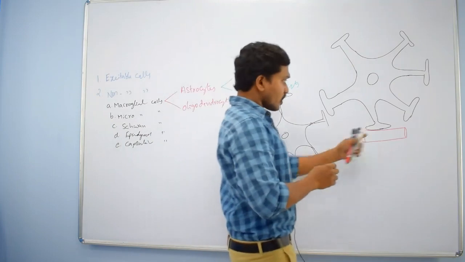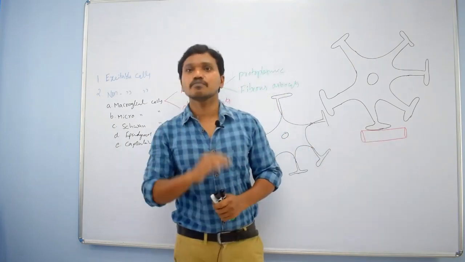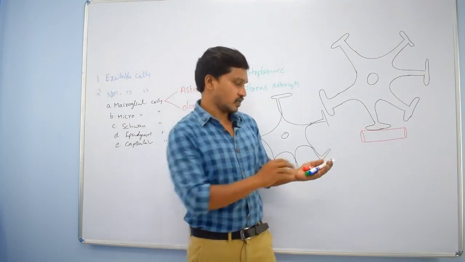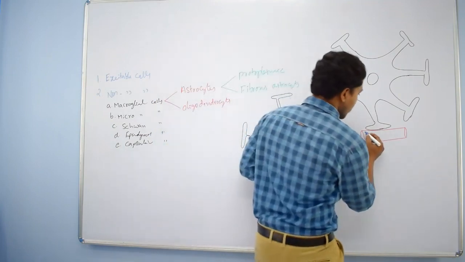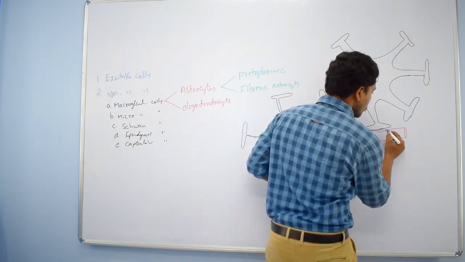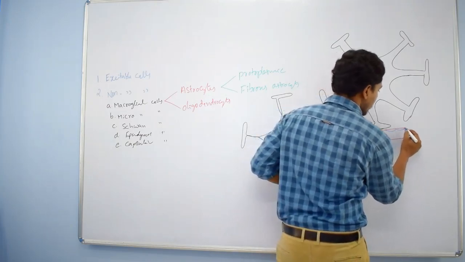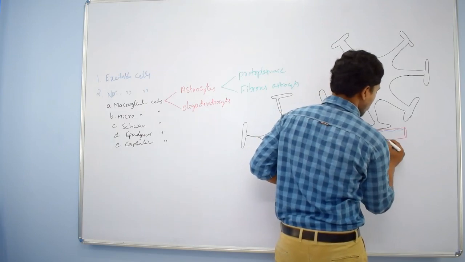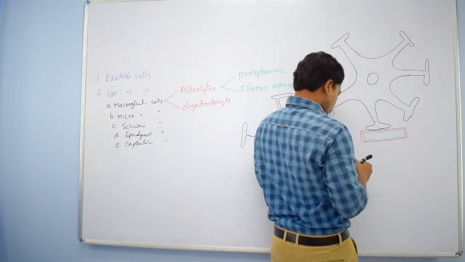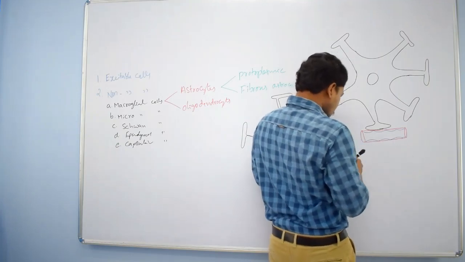Clear? Now, we will see the structure of the blood-brain barrier. If you go from the blood side to the brain side, there will be the endothelial lining of capillaries. The endothelial lining of capillaries is continuous.